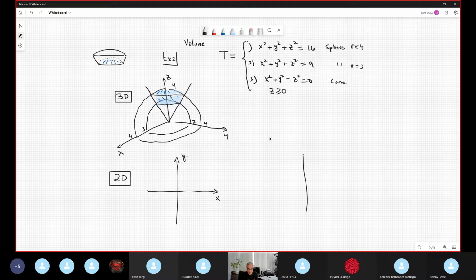And another lateral view in 2D, maybe the famous XZ. Bueno, es obvio que the view in the floor plan is formed by two circles. Yes or no? And the radii are 3 and 4.